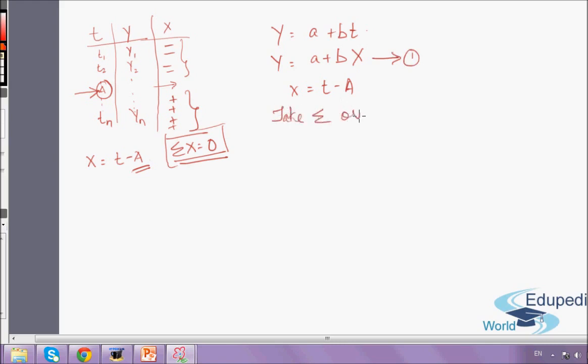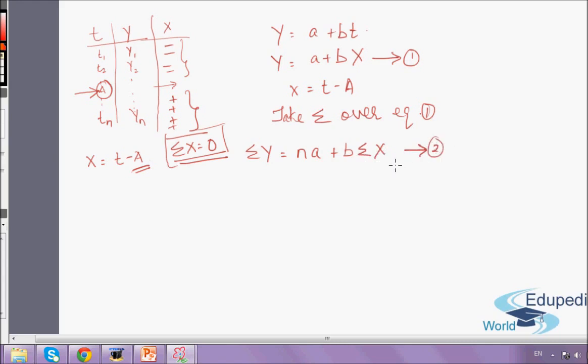Now let's take summation over equation 1. When we take summation over equation 1, we will have sum of y equals sum of a, a constant, which will be n times a. When you add a, it will sum up as the number of times the value is repeated, plus here the constant will come out, b times sum of x. Let me call this equation number 2.